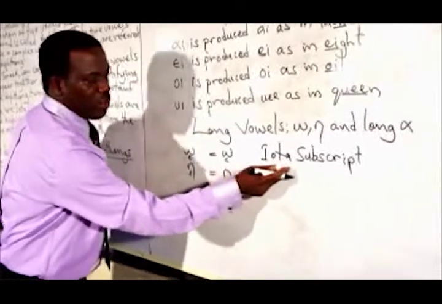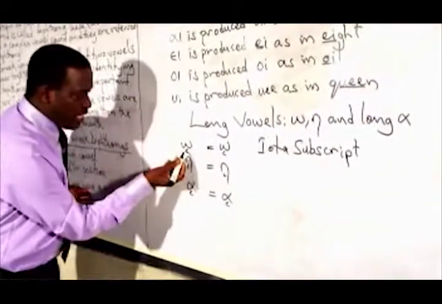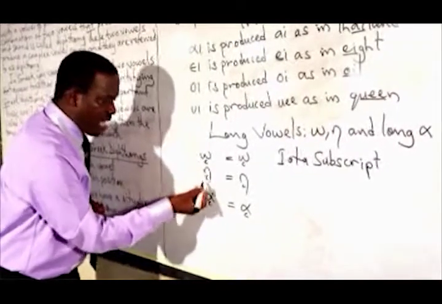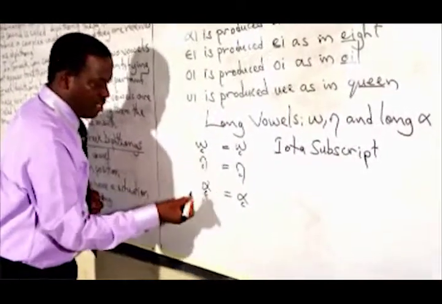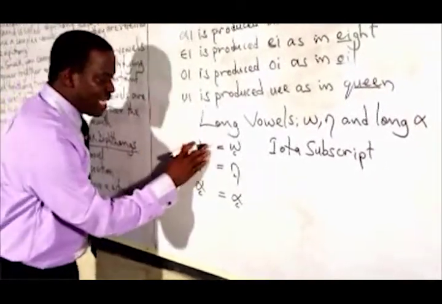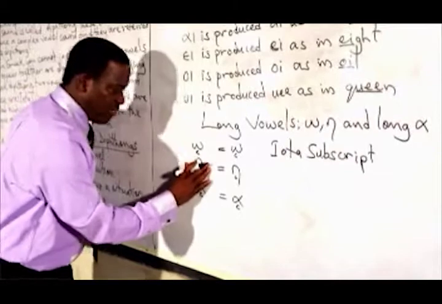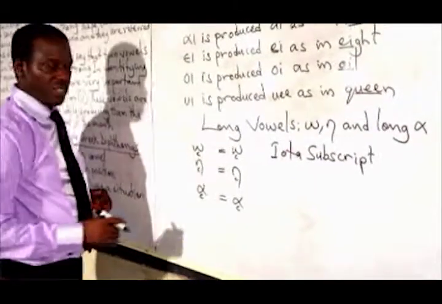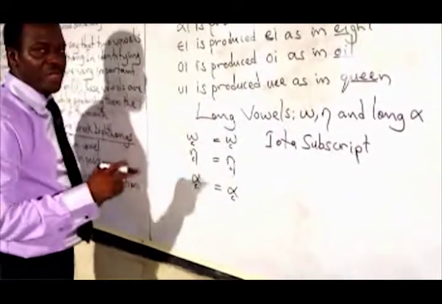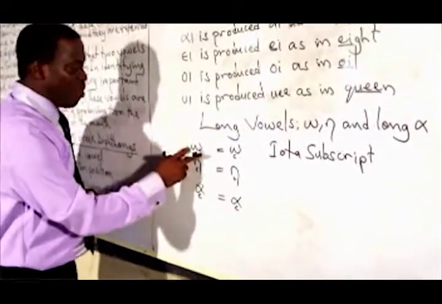And that's what we have here, iota subscript. So this sign is the iota, and it's written as a subscript under the long vowels. That means that this is a diphthong, this is also a diphthong, this is also a diphthong. Now, this iota subscript is not being pronounced, but it must be there.